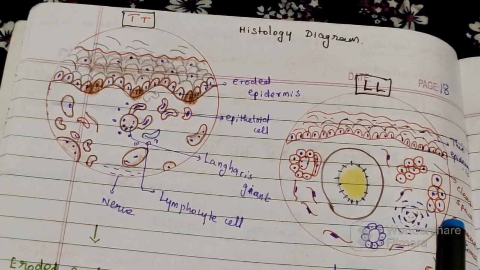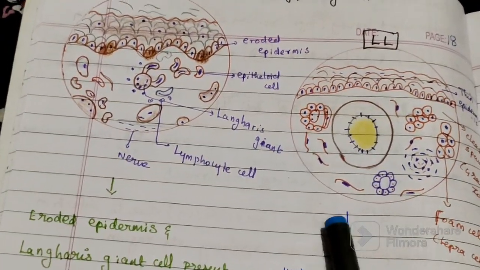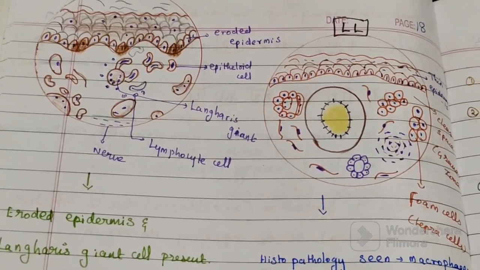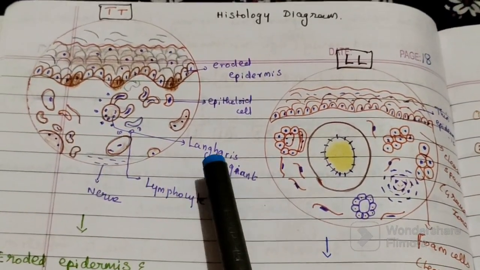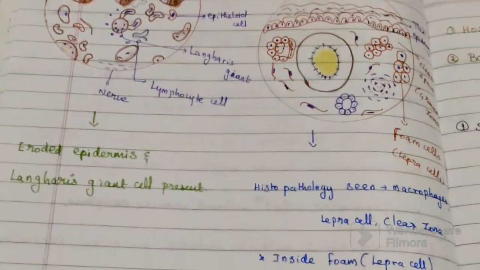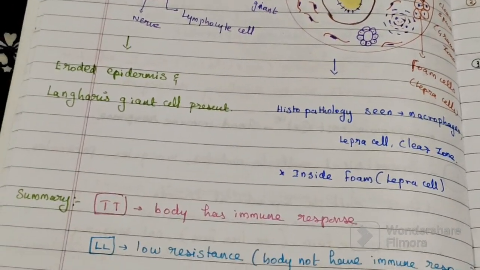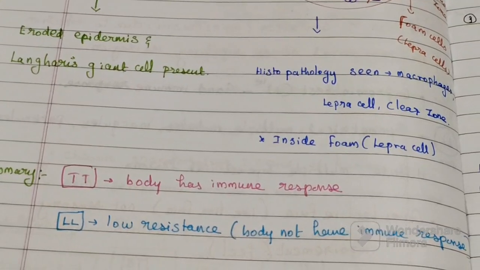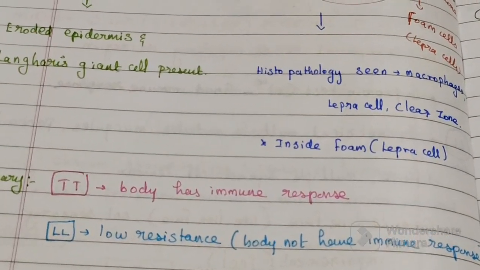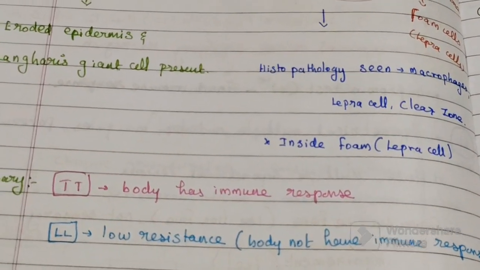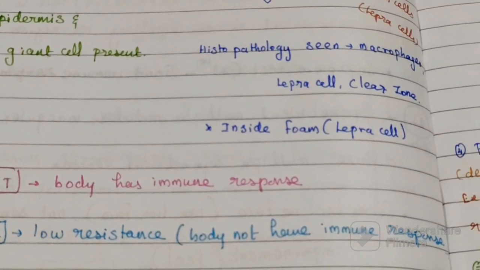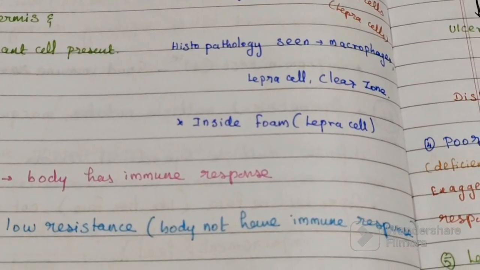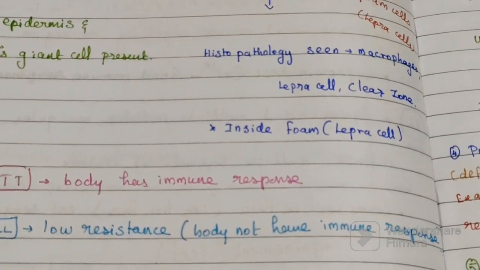In tuberculoid leprosy we can find eroded epidermis and similar cells. In summary, in tuberculoid leprosy the body has an immune response, while in lepromatous leprosy resistance is low and the body does not have an immune response.